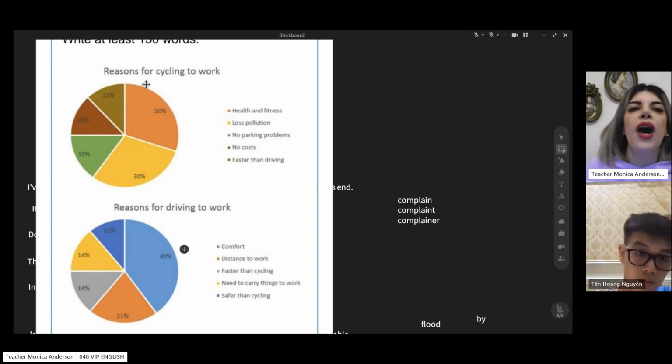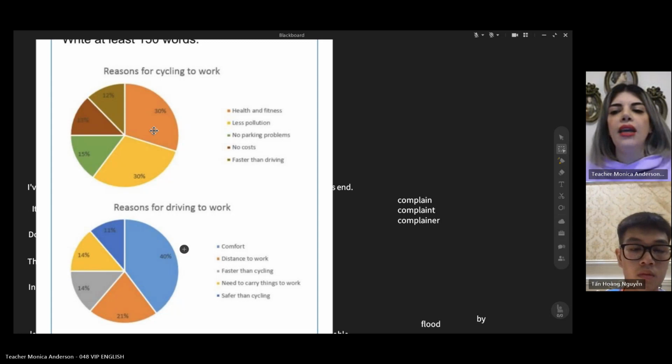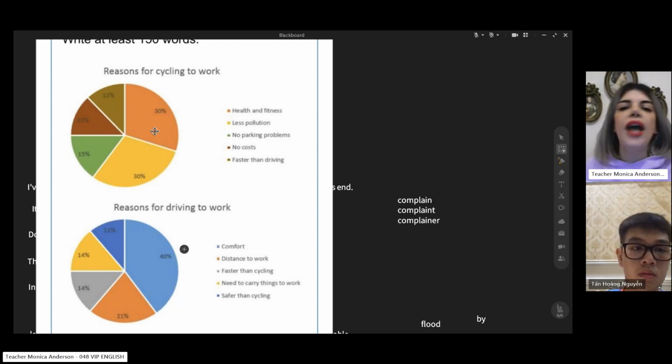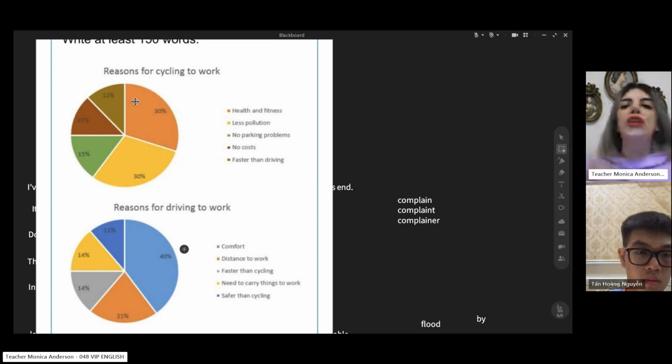Display what? The key reasons why people choose to work by percentage.